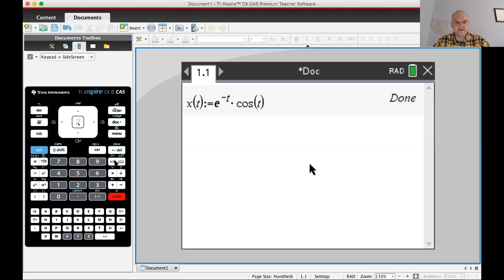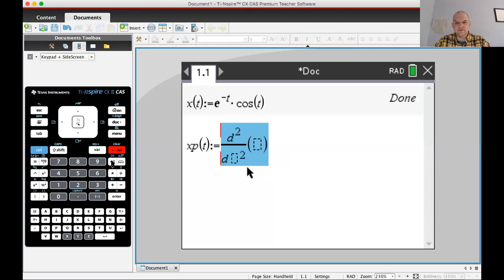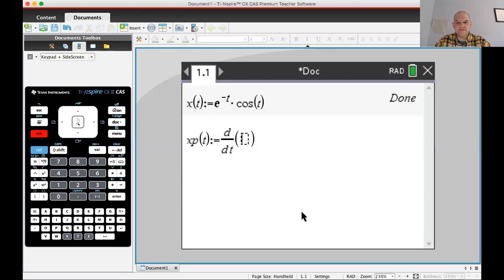Then I need another function, which I'm going to call xp of t, for x prime, and that'll be the derivative with respect to t of x of t. And then I need a second derivative, x double prime, so xpp, and then use the template.